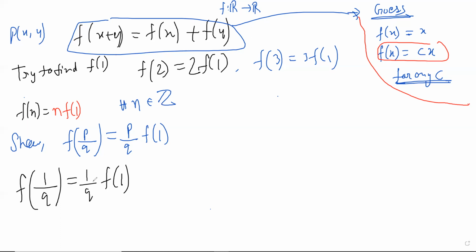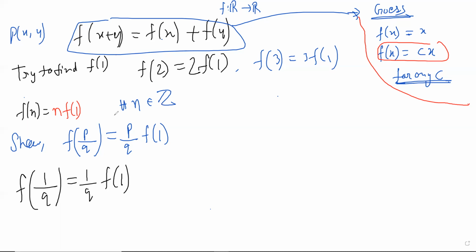Yeah, so it seems like what we have done till now is not very useful for this because we don't have f of 1 by something kind of information. We don't have that kind of information. So then how are we going to do this one? That is a problem.